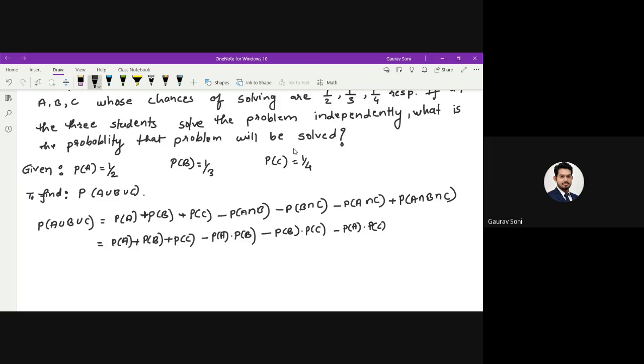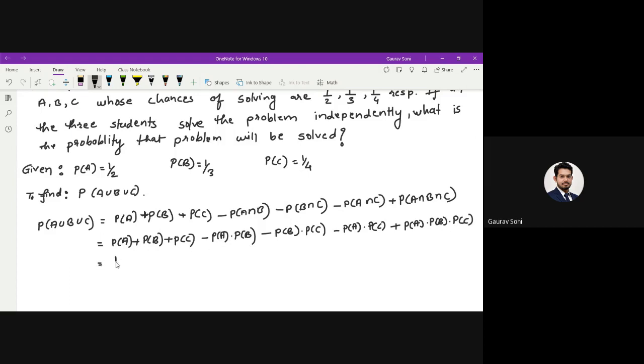All the three are solving it independently. So probability of A intersection B intersection C will also become probability of A into probability of B into probability of C.